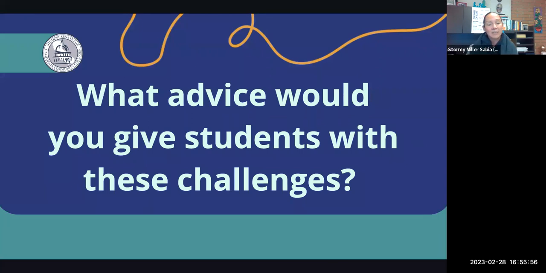And so we need to be thinking about how do we support each other, so that when we look at the data, we see those outcomes shift in terms of completion, graduation, and students accomplishing what they're wanting to accomplish.